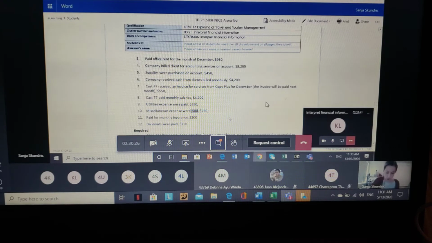You've removed some of them, but not all of them. Should I remove the accounts receivable, the 8,200? Then I'll get 41,550. Yes, remove it for now. I'm coming back to that one.